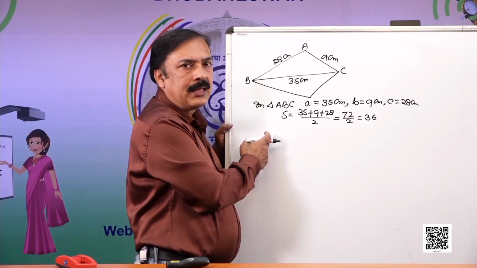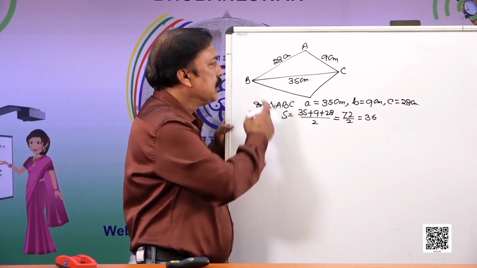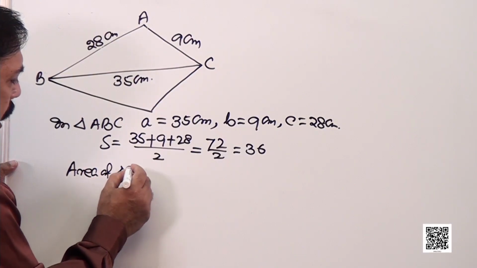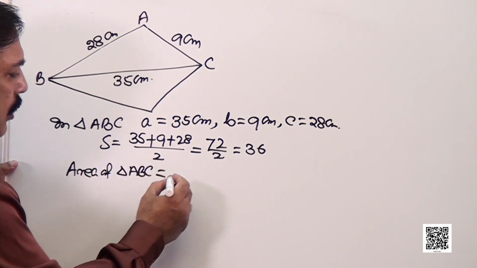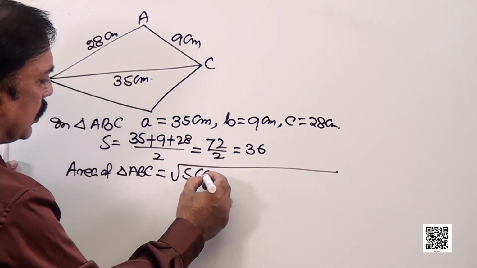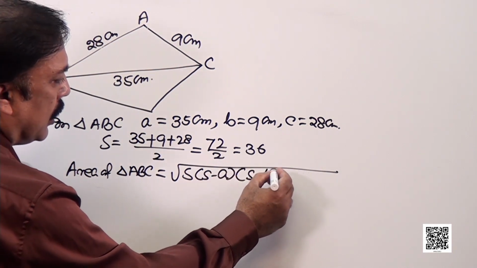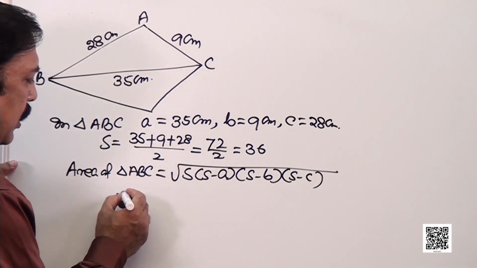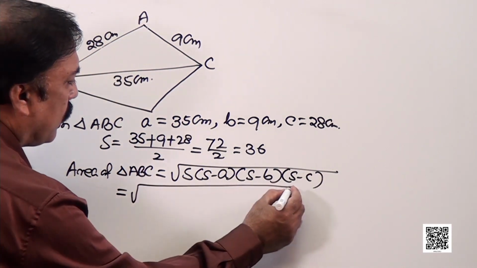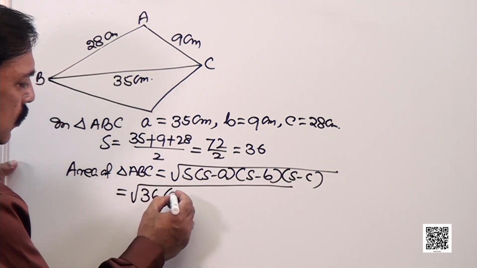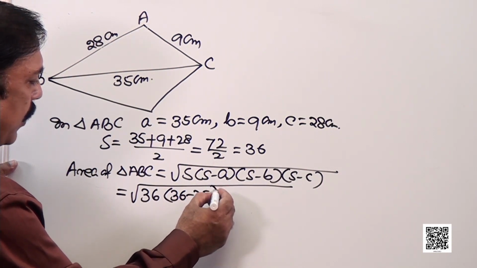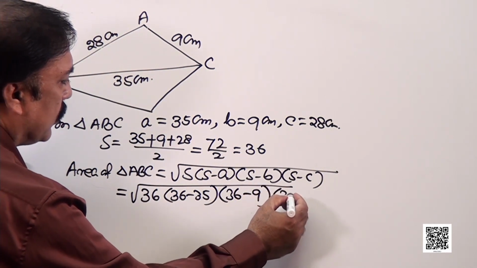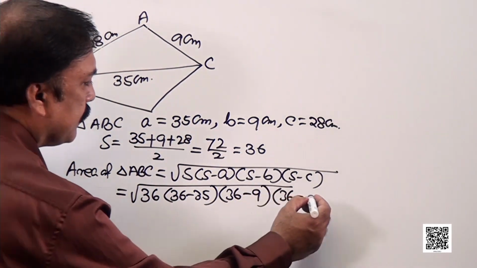Now we can apply Heron's formula to find the area of this triangle. So area of triangle ABC is equal to square root of S into S minus A into S minus B into S minus C. Now if we apply the values here, we have 36 into 36 minus 35 into 36 minus 9 into 36 minus 28.